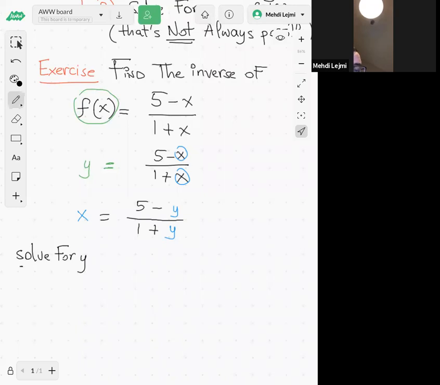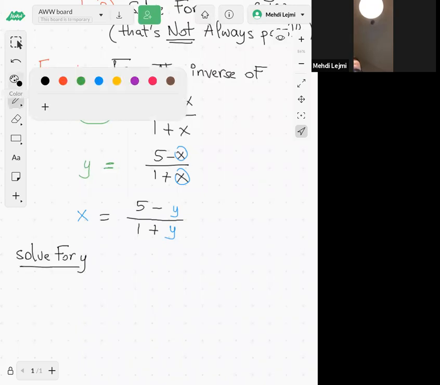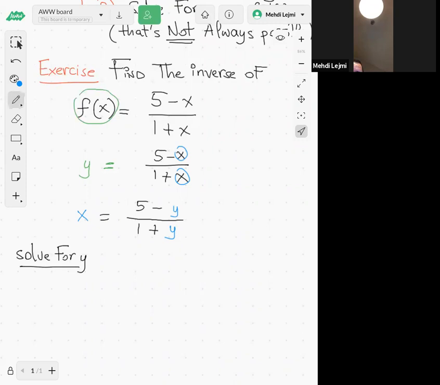I have two y's. There's a y in the numerator, and there's a y in the denominator, right? Even if you take the reciprocal, or flip your fraction, you still have a y in the top and a y in the bottom.